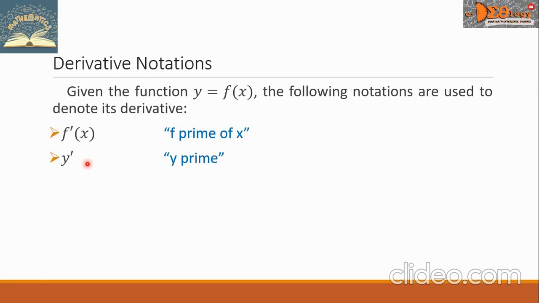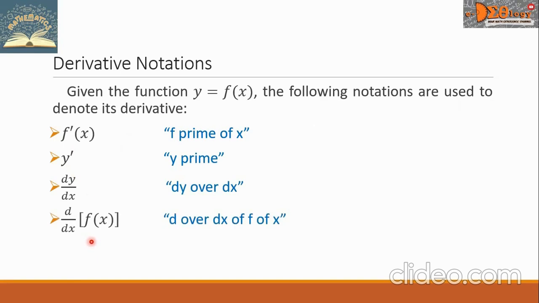The second notation is here, and we read this as y prime. This is the third notation, and we read this as dy over dx. This is the fourth notation, and this is read as d over dx of f of x.